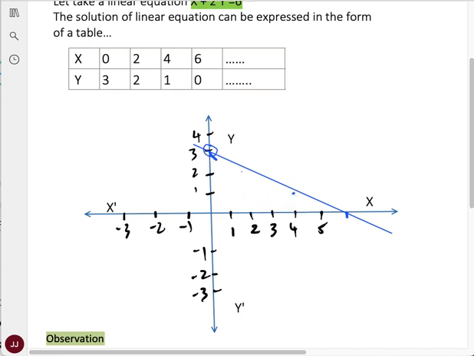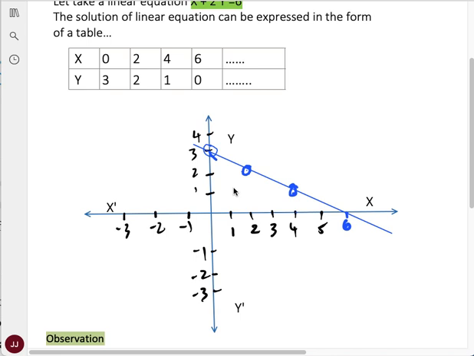I'm going to mark the point again, which is 2 comma 2, somewhat here, and 4 comma 1 and 6 comma 0. So we find that it's coming as a straight line, right?